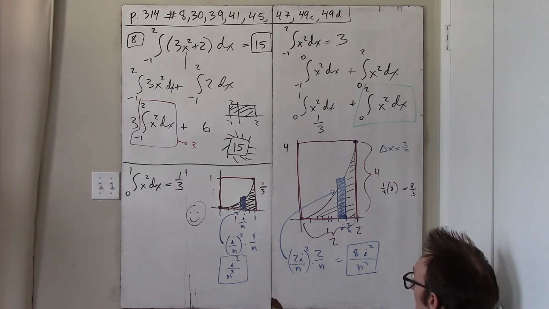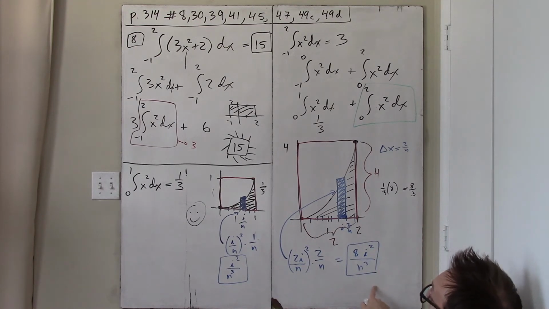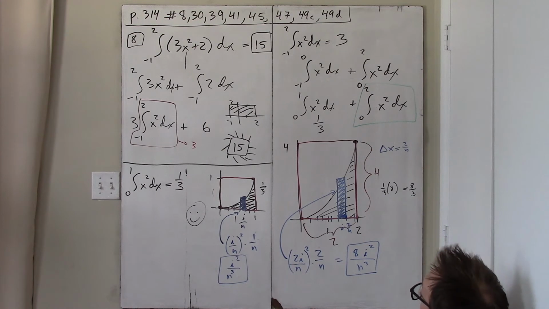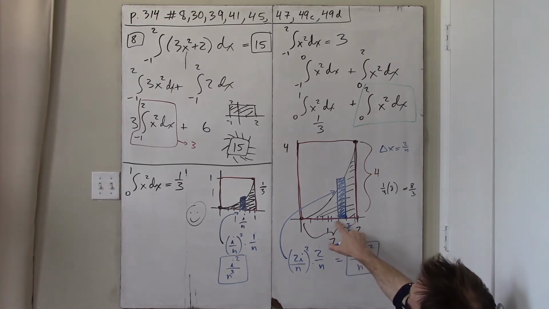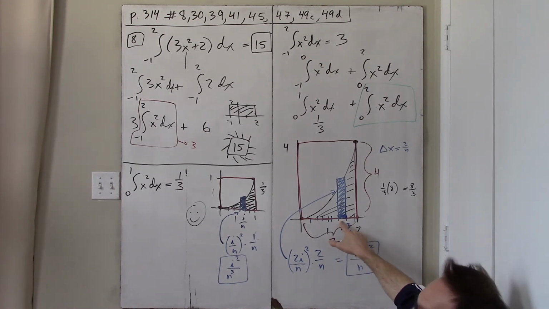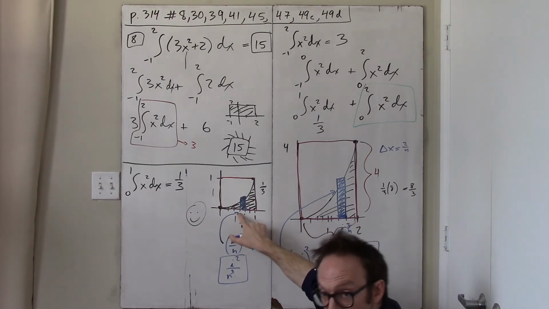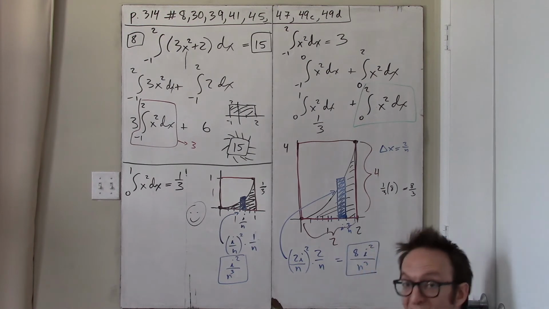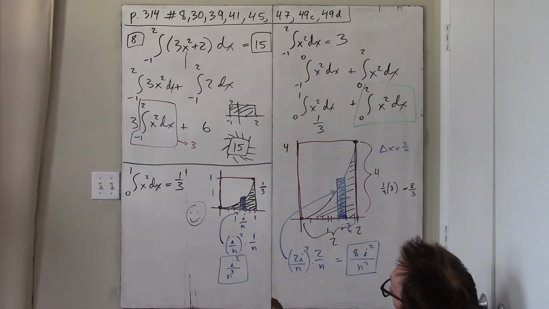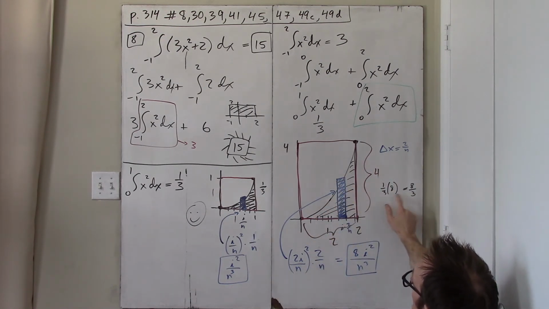And indeed, what I've just shown basically is that the ith rectangle under this integral has precisely 8 times the area as the ith rectangle under this integral. And so since there are n of these rectangles, indeed it really does have 8 times the area.